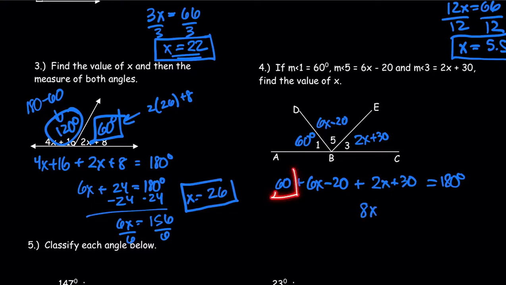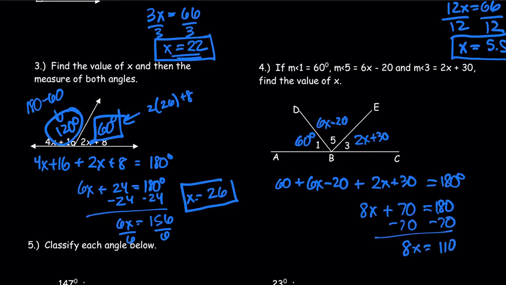Then I've got 60 minus 20, that's 40, plus 30, that's going to be 70. So I've got 8x plus 70 equals 180. Okay, let's subtract 70 from both sides. 8x equals 110. Now I'm going to divide by 8, and again, you're going to want a calculator for this.